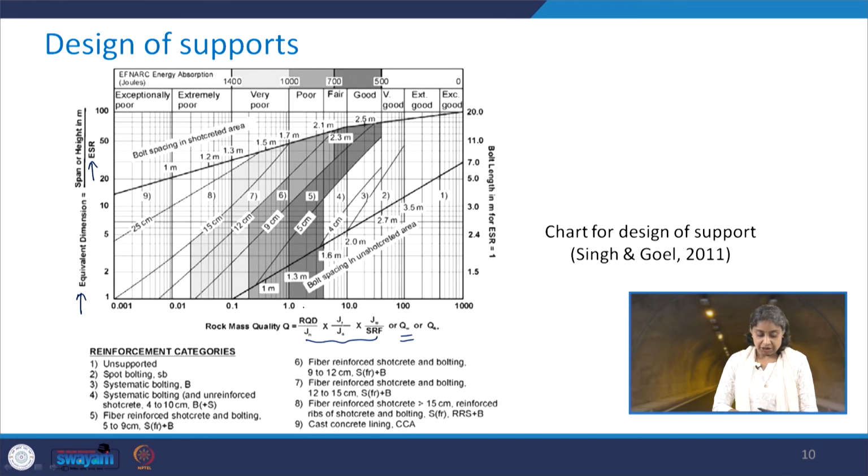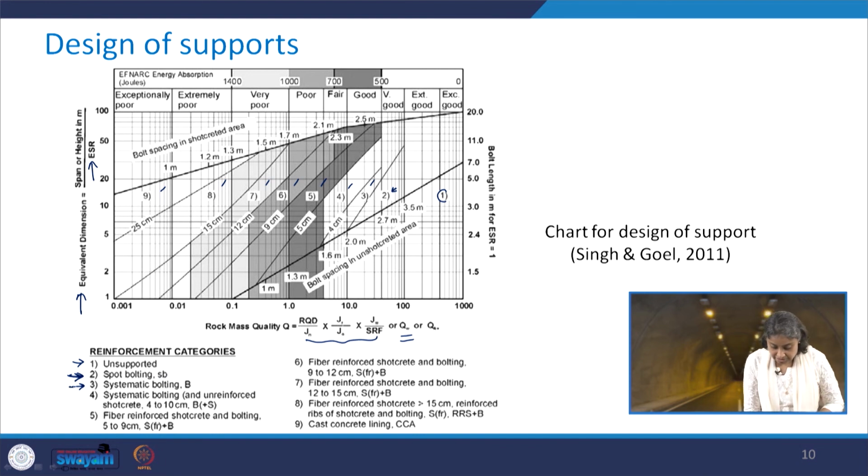Here you see that various reinforcement categories are shown with numbers: 1, in this zone 2, 3, 4, 5, 6, 7, 8 and 9. All the 9 categories have been mentioned here. The first one corresponds to the unsupported category, and the second category is spot bolting.